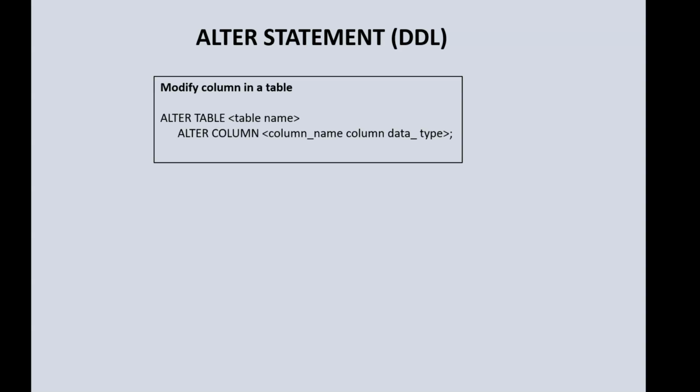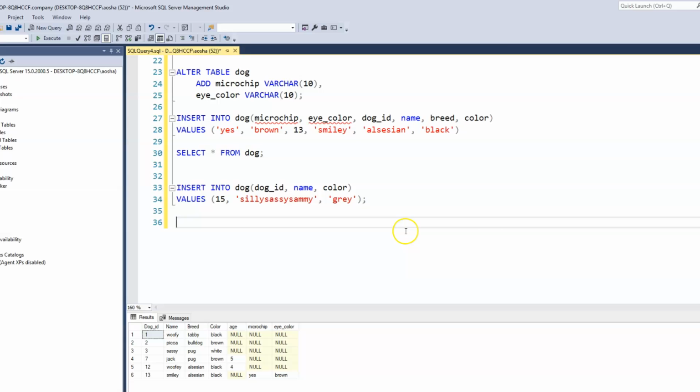So the syntax to make changes within the column is we have the alter command, alter table, the name of the table, and then alter column, and we would include the name of the column we want to make a change to, and the column data type, so the new data type that would be in that column.